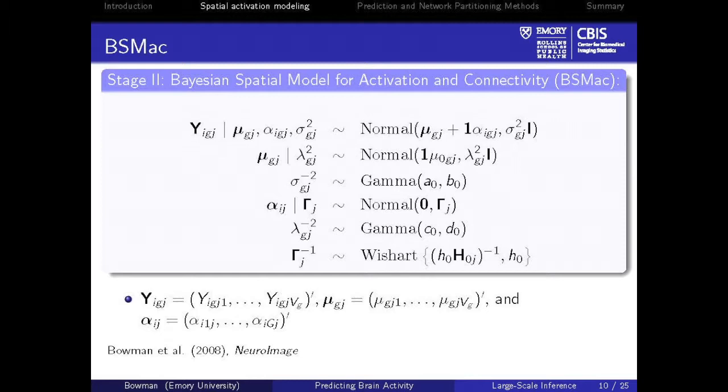So we have one random effect for each region, and so if we just stack them up for all of the G brain regions, then we assume that that follows a multivariate normal distribution with mean 0 and covariance matrix gamma. So the off-diagonal elements of gamma capture covariances between the random effects from different regions, which, when you work out the algebra, then brings about correlations between voxels that fall in different regions.